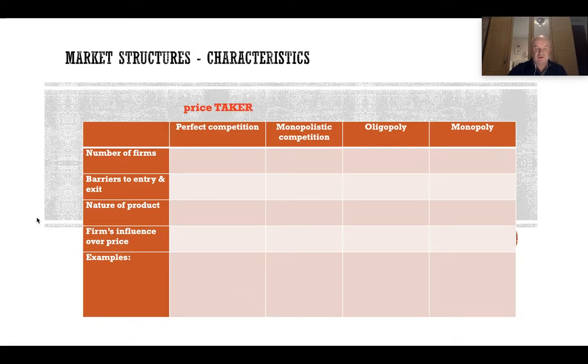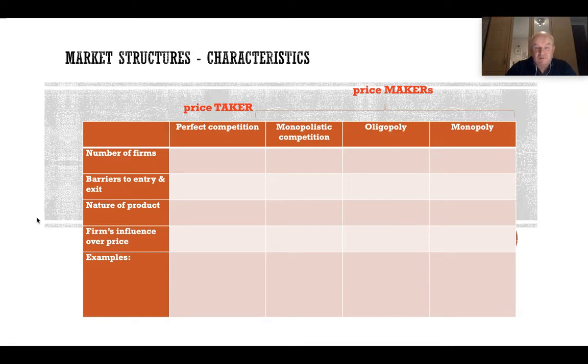Okay, so let's take a look at perfectly competitive markets then. Okay, remember, a perfectly competitive market is where we are a price taker. Okay, we've got no influence over the price of the product that we're selling. The market is dictating that price, and we have to take that price. Okay. So in perfectly competitive markets, we are price takers.